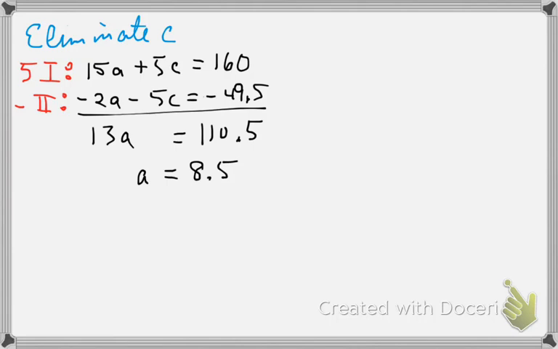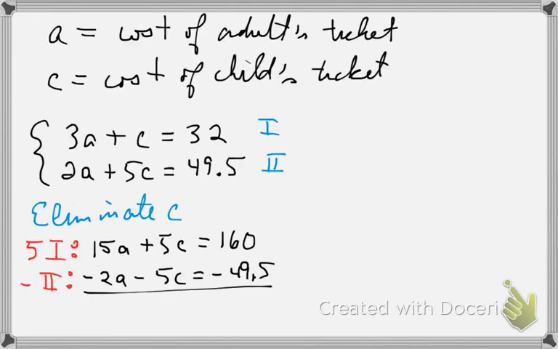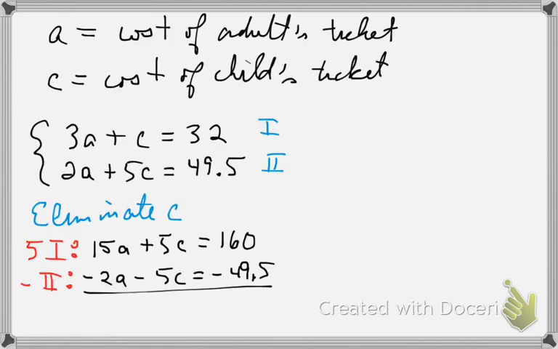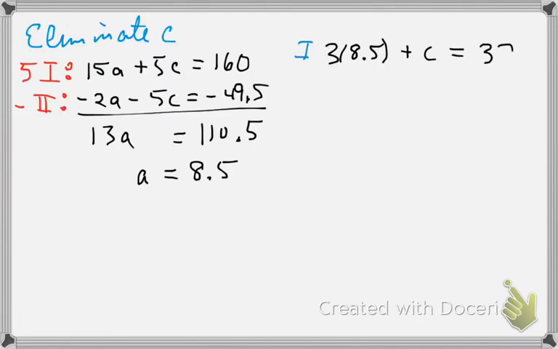Let's just see what back substituting looks like. So why don't we use the first equation to back substitute? In theory, it doesn't matter. They both work. But in practice, that's a little nicer. So we have 3 times 8.5 plus c equals 32.